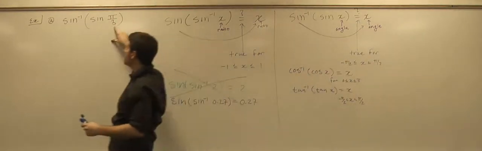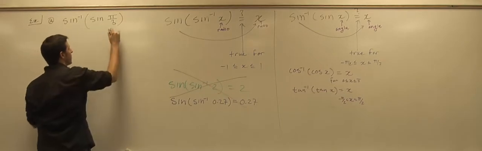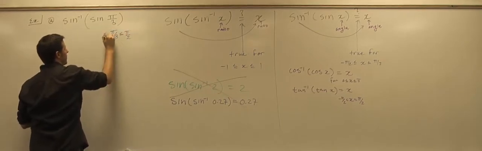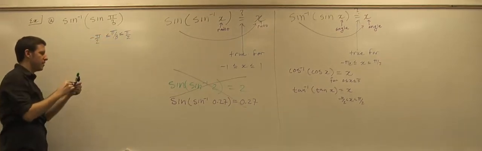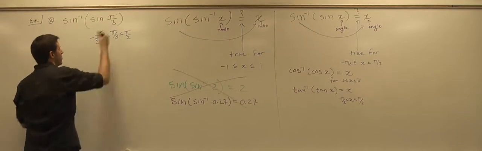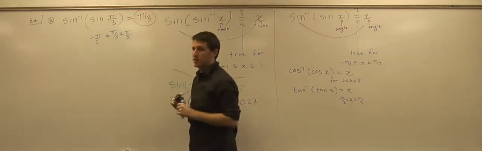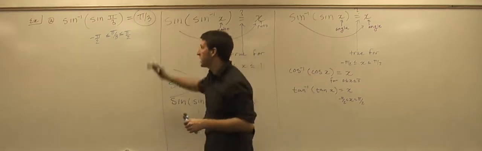So is this guy between negative pi over 2 and pi over 2? Yes. Pi over 3 fits in there, so you can actually say this is equal to pi over 3. They cancel in this case.